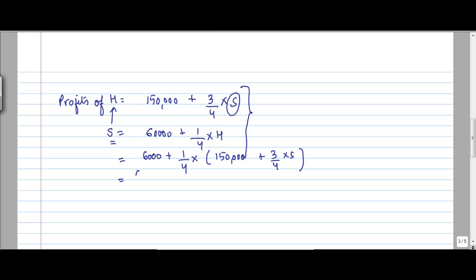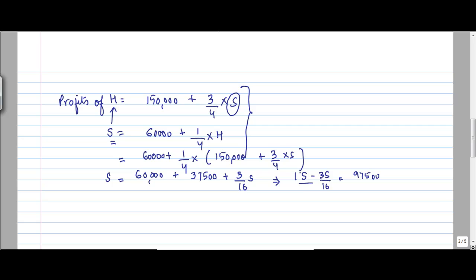Now the only thing you need to do is solve this equation. 60,000 plus 1,50,000 divided by 4 is 37,500, plus 1/4 into 3/4 S will give you 3/16 S. So S, move this to the other side, minus 3S/16 is equal to 97,500.